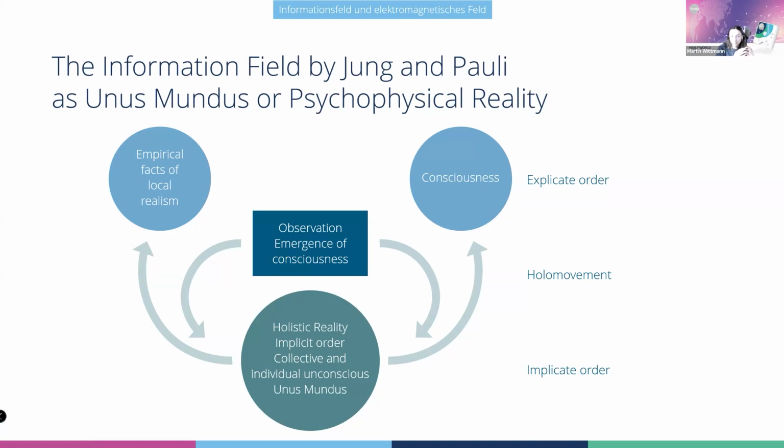So you cannot basically divide your consciousness from empirical facts. Those are connected ultimately, but they are also basically moving between, let's say, unconscious things and conscious things. And later we will come to David Bohm, and he basically said, okay, that's an explicit order, and the individual unconsciousness is an implicate order. And there you have this holo movement that I already mentioned, which basically is happening all the time.